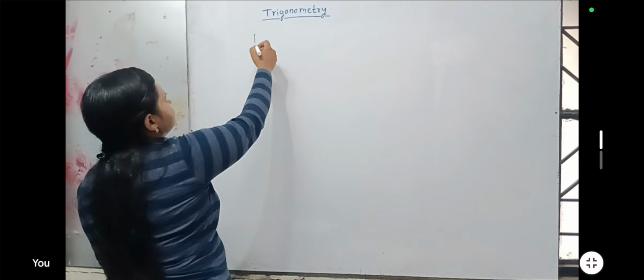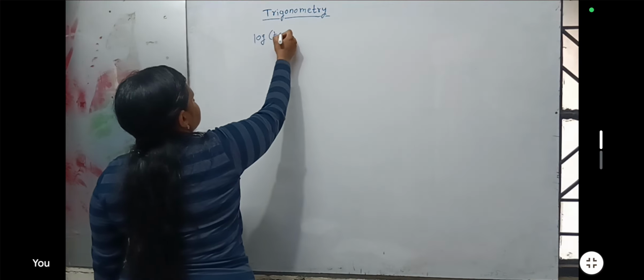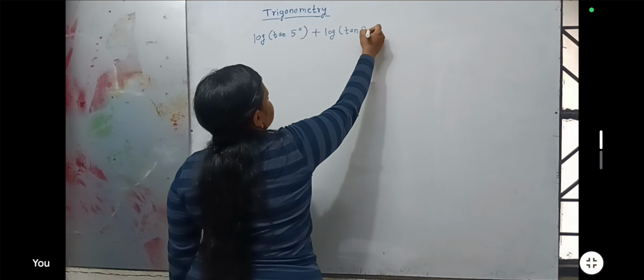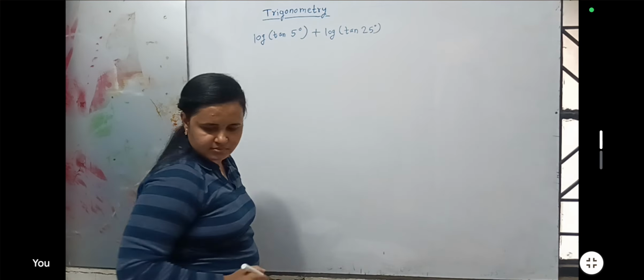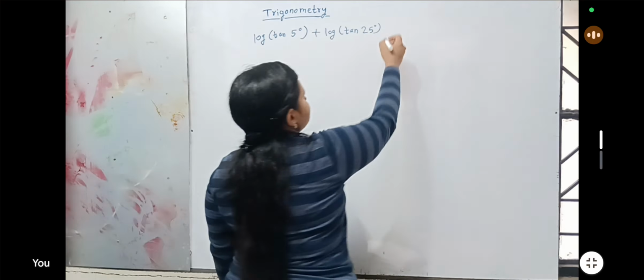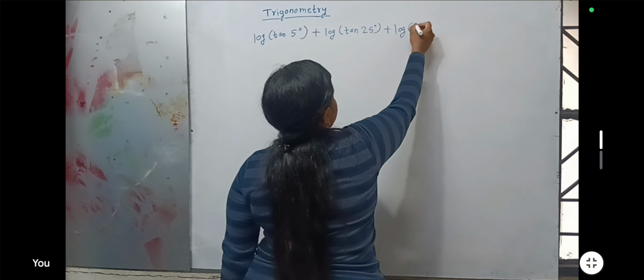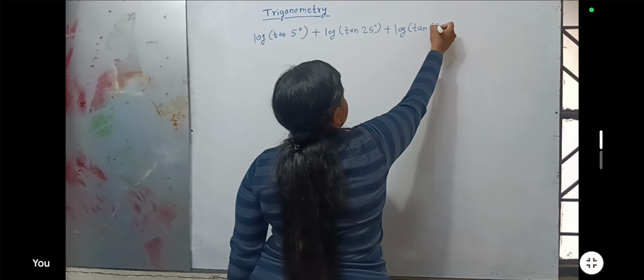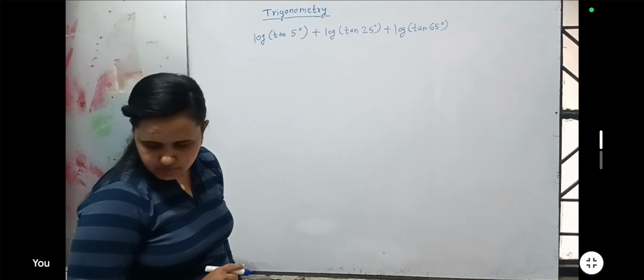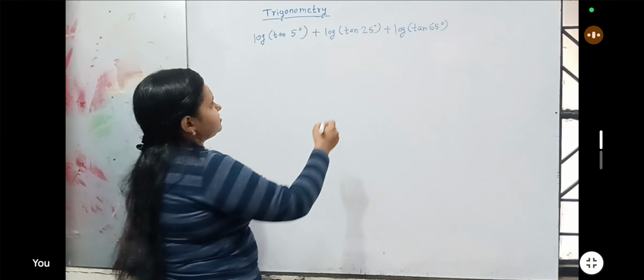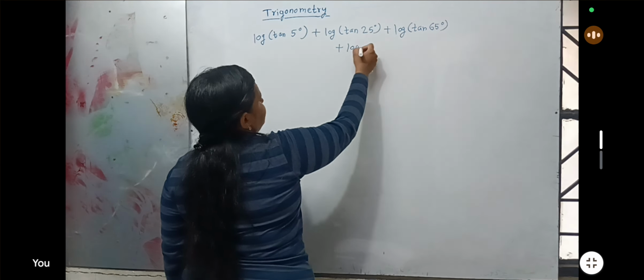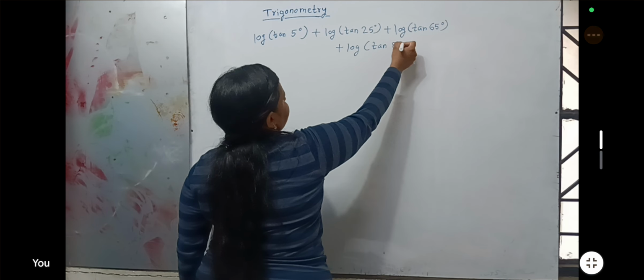Now next question is log tan 5 degree plus log of tan 25 degree plus log tan 65 degree plus log of tan 85 degree.